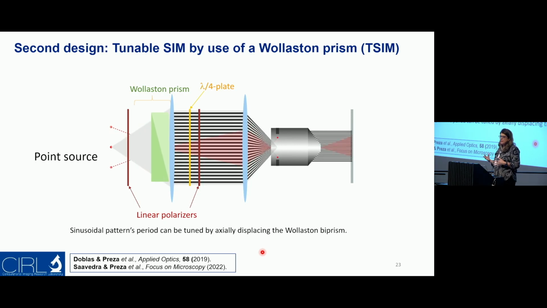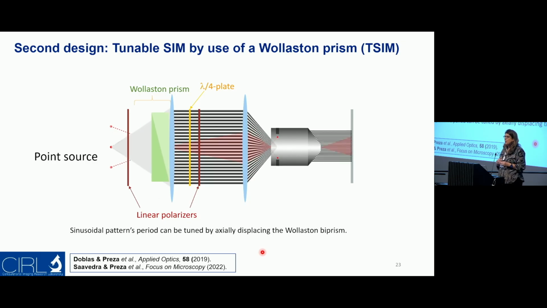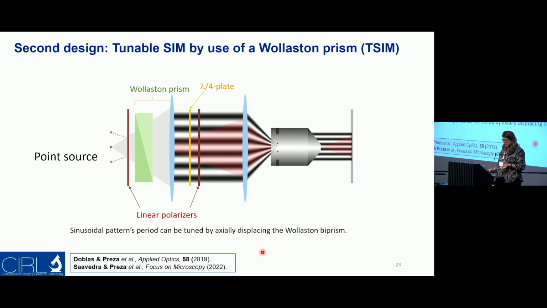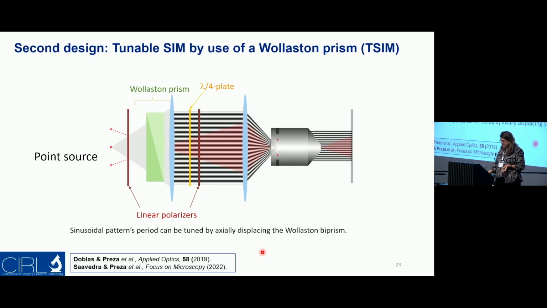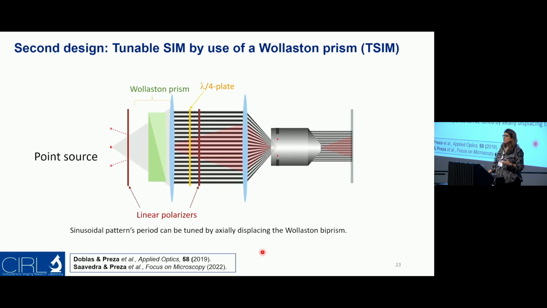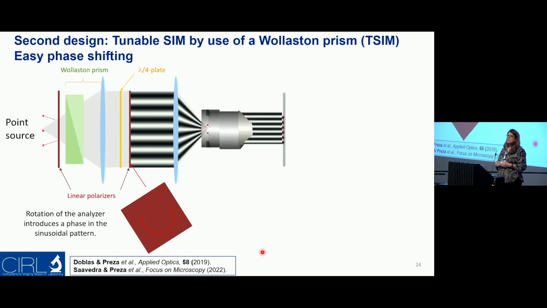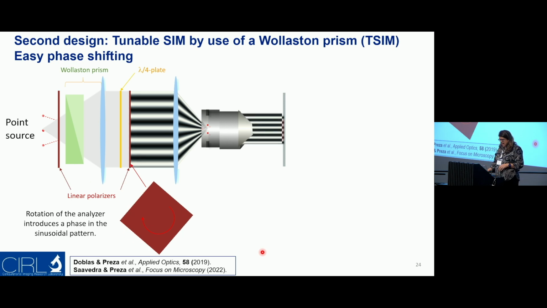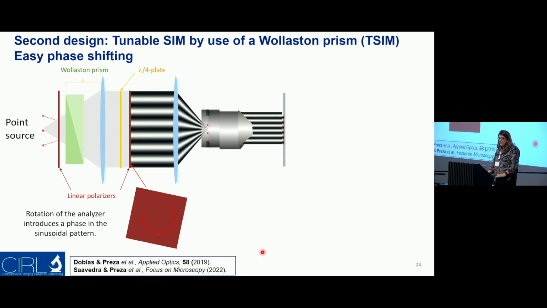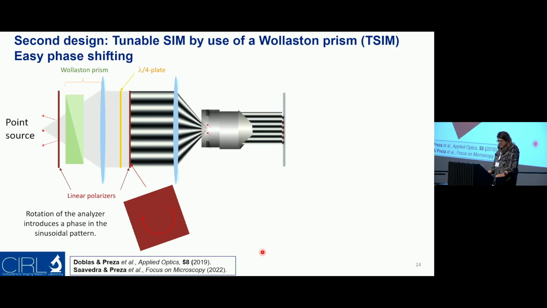So moving on, we improved our design by replacing the Fresnel biprism with the Wollaston prism. Has better optical properties. It works between 2 polars and a quarter wavelength plate. Again, axial displacement of the prism gives you tunability of your modulation frequency, and rotation of the second polar, the analyzer, allows you to create the phase change in your structure pattern, so you don't have to move your prism.